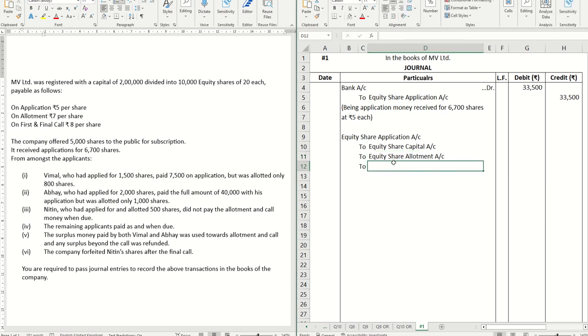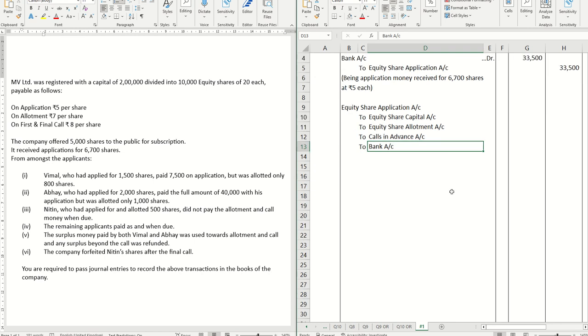Then we would have calls in advance account, which is for the adjustment with the first and final call. Alternatively, as I told before, we can pass to share first and final call account here and deduct this amount when we receive the call money in the bank entry. Then the next one will be to bank account, where we are refunding any money which is there.